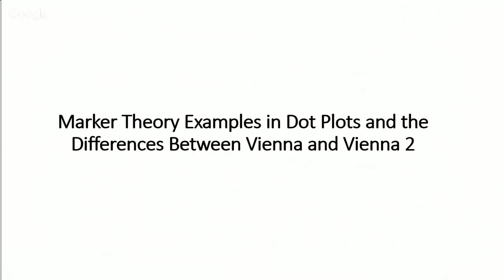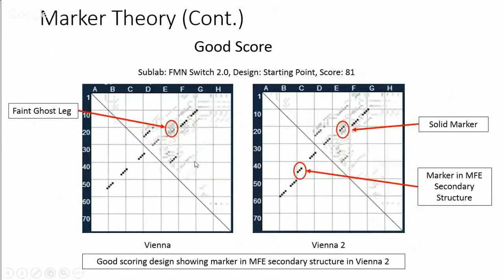So, marker theory examples and dot plots and differences between Vienna and Vienna 2. Here are some dot plots. This is a good score design from FMN Switch 2.0, which was one of the very first switch labs, and this scored 81.